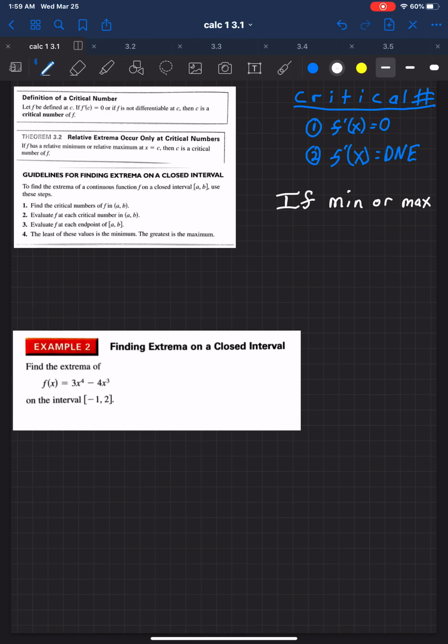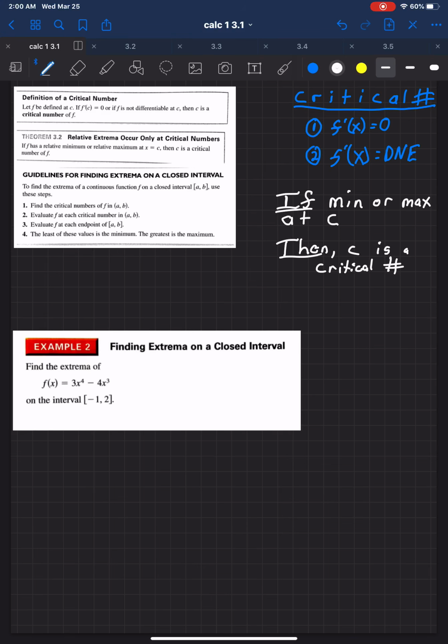So if there's a minimum or a maximum at some point C, then C is a critical number. All right, don't switch your if-then statements.